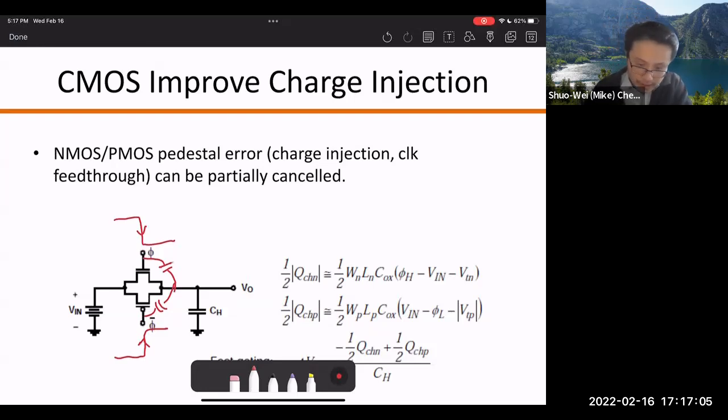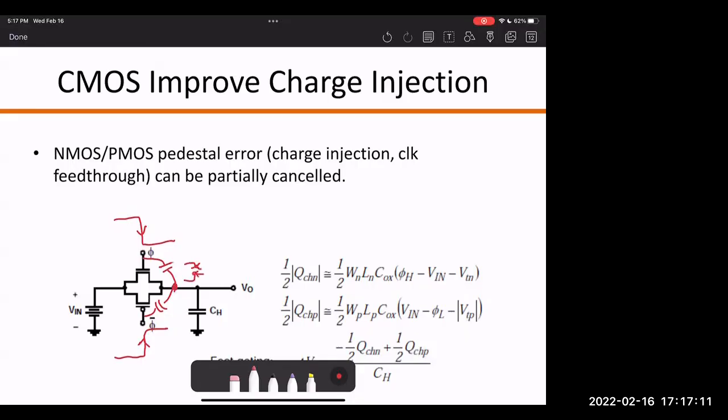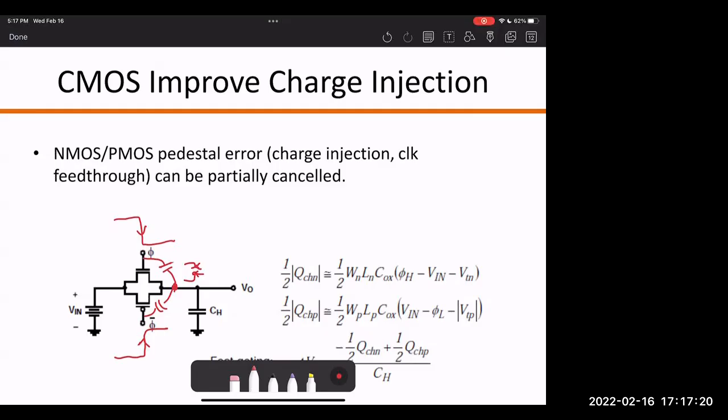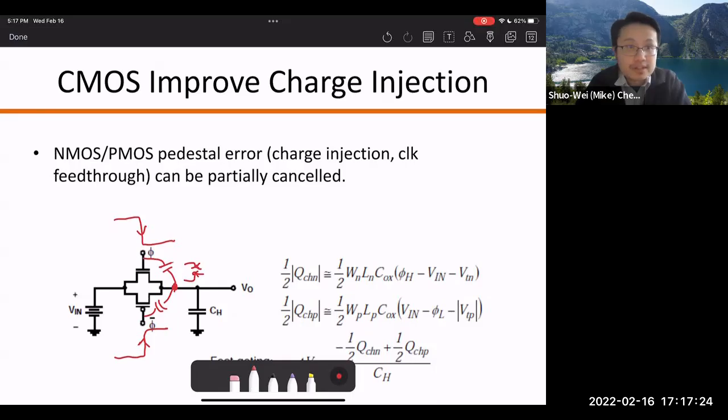When they come here, one will go down and the other will go up, and they roughly cancel each other out. So the clock feed-through roughly cancels out by having this NMOS and PMOS. And the charge injection can also improve, right?